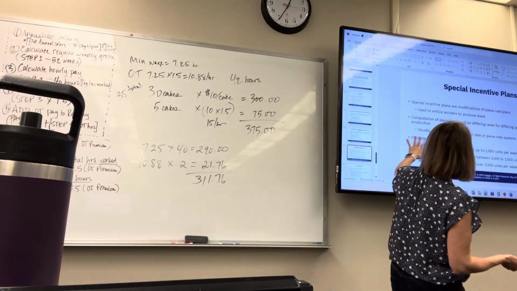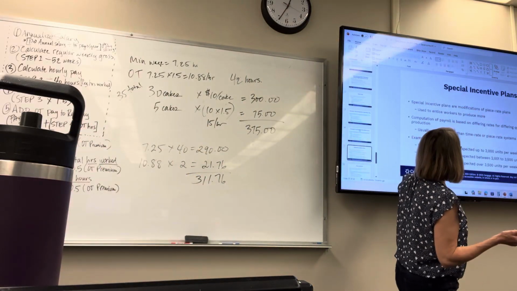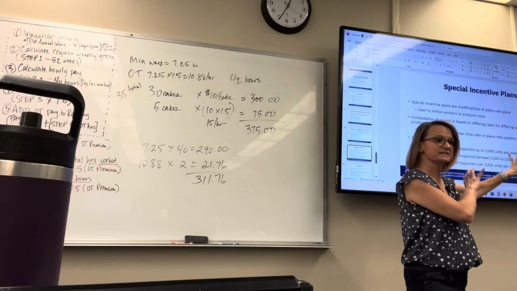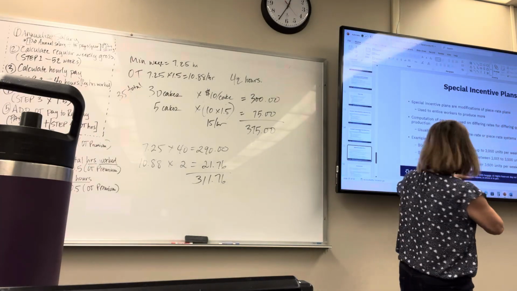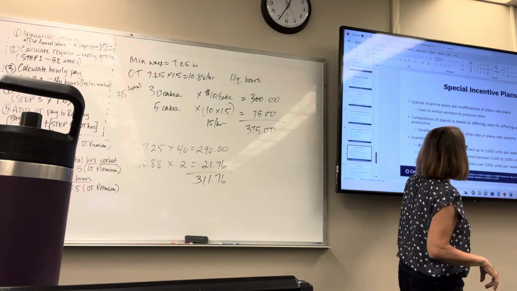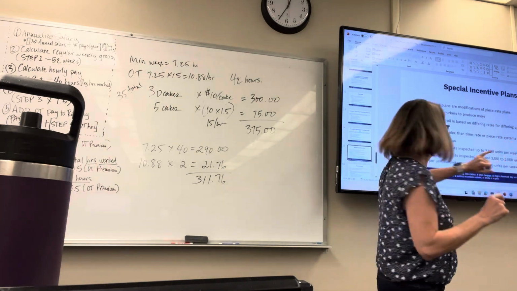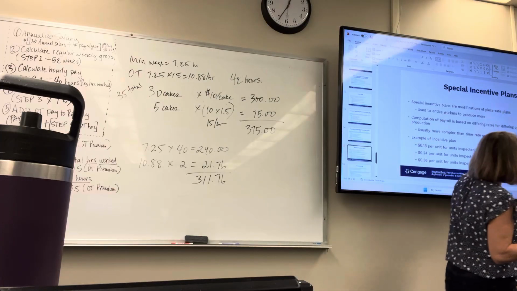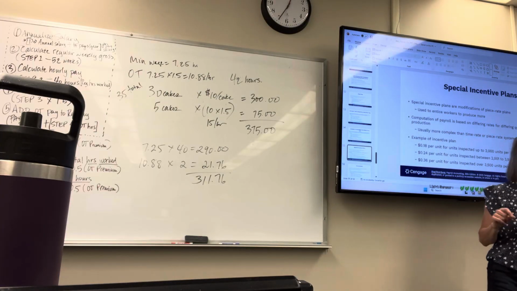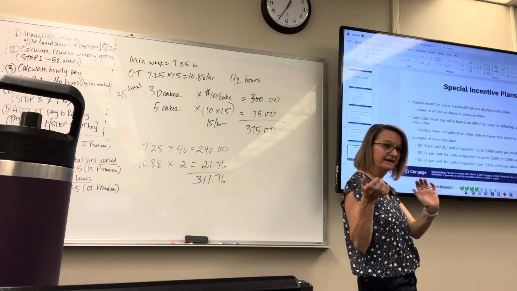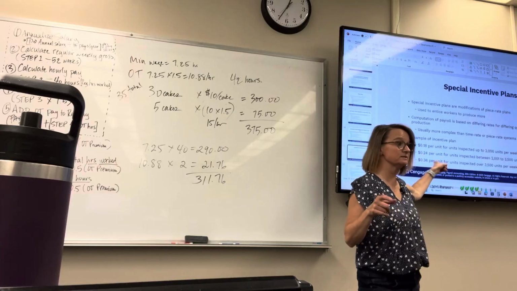So an example here, if it's an inspection, this one is kind of like a piece rate plan. So you get 18 cents per unit if you inspect up to 2,000 units per week. But if you inspect between 2,001 and 3,500 units, it's a tiered plan, you're going to get 24 cents per unit.